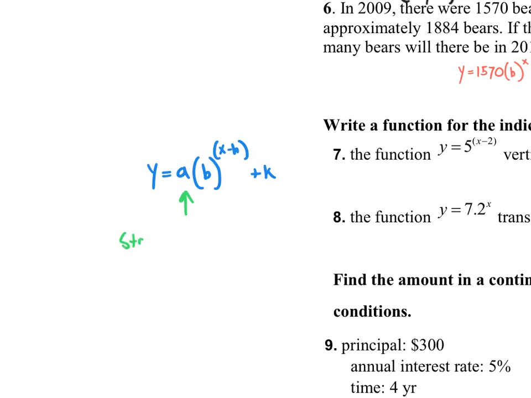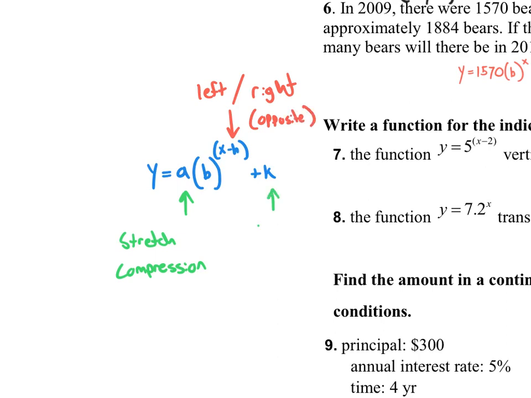A values counted as a stretch or compression. H values moved you left or right, but the opposite of what you'd think because of the negative with the H. And then K values moved you up or down vertically.